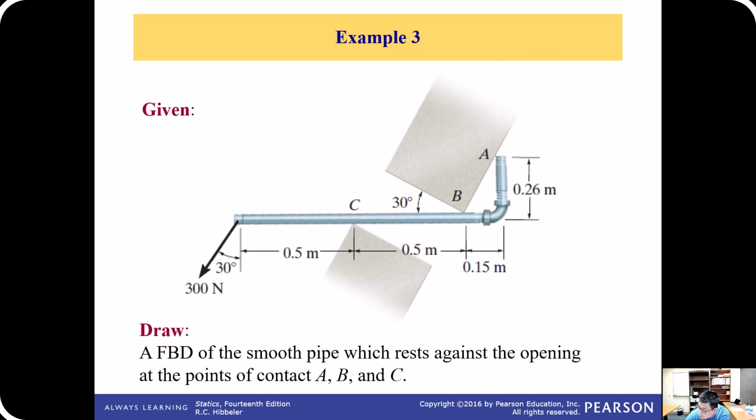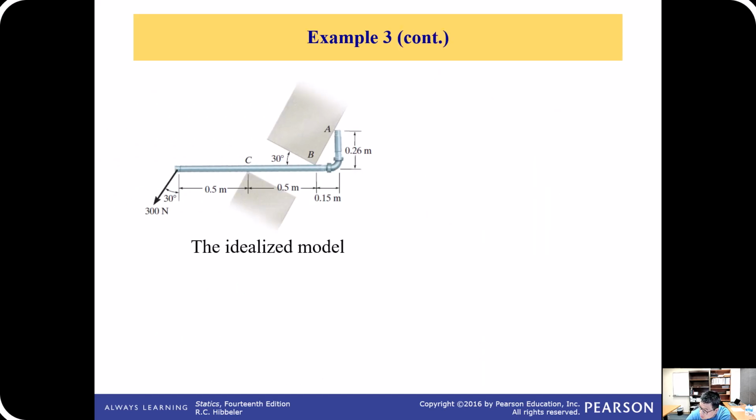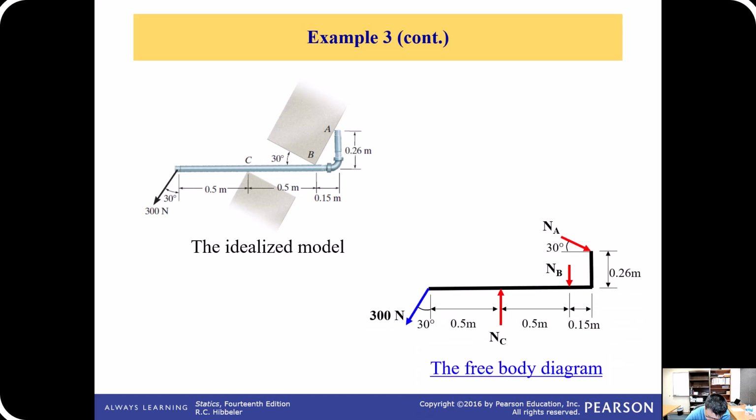Example 3, how to draw a free body diagram of this smooth pipe. The smooth pipe means there is no friction at A, B, and C, but there will be some support forces. Here is the idealized model. Here is the free body diagram. Because it's a smooth pipe, there is no friction.